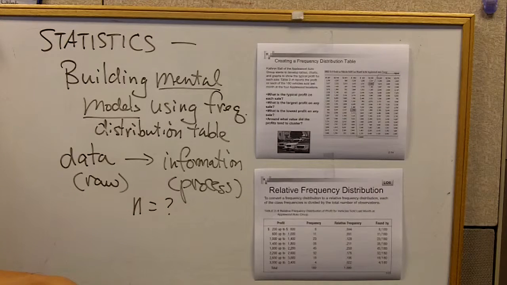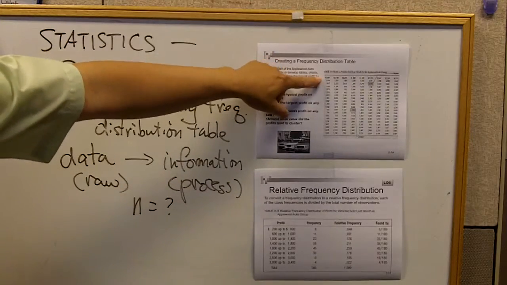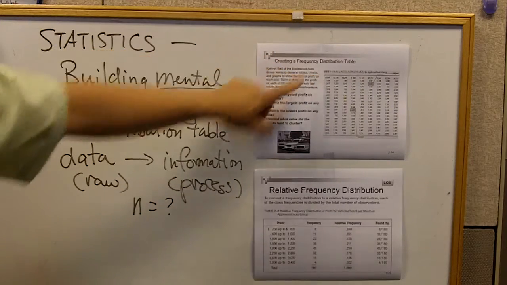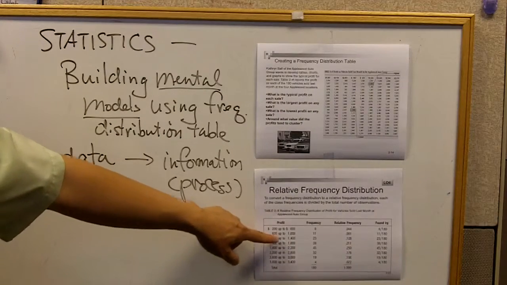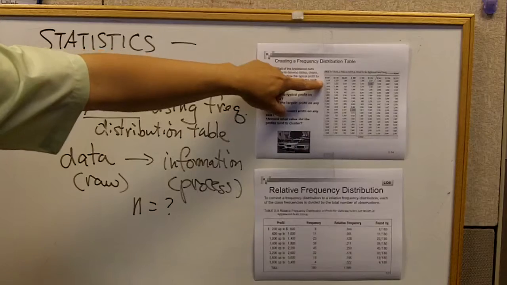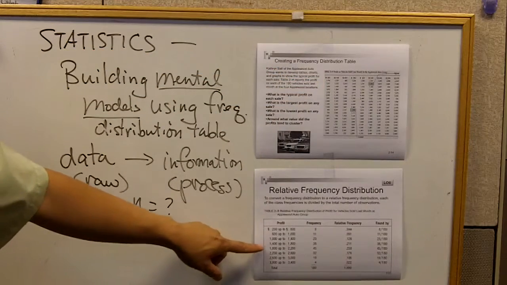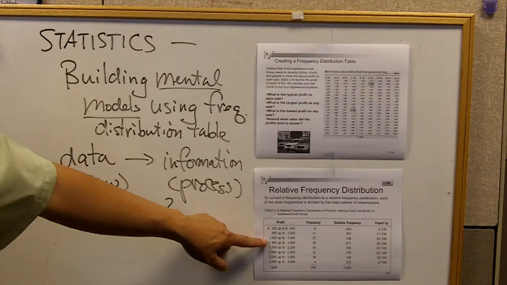If you look at these values, the first one, 1387, is going to go into the third class, between 1000 up to 1400. The next one, 1754, is going to be between 1400 up to 1800.